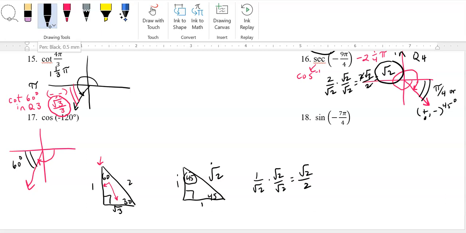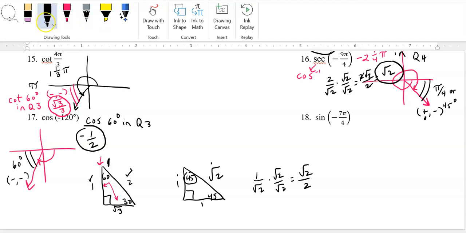So I'm not going to think cosine negative 120, I'm going to think cosine 60 in quadrant 3. We're back to this special right triangle. Cosine is adjacent over hypotenuse, so that makes 1/2. In quadrant 3, both x and y are negative, so cosine and sine are negative. Cosine is x, sine is y. So to finish off my answer, I'm going to make it negative 1/2.